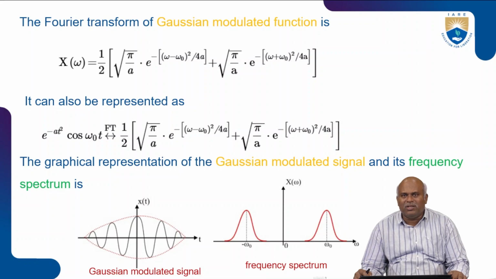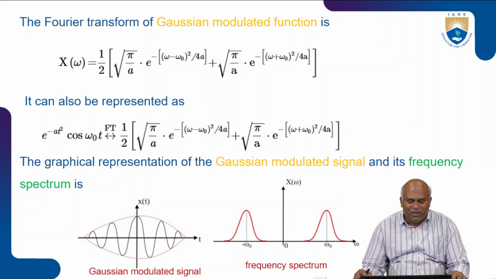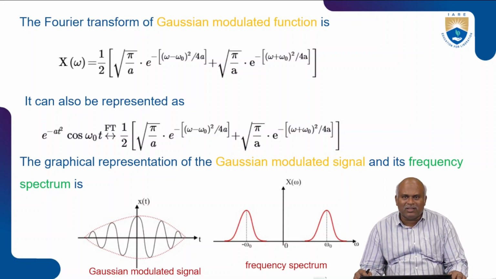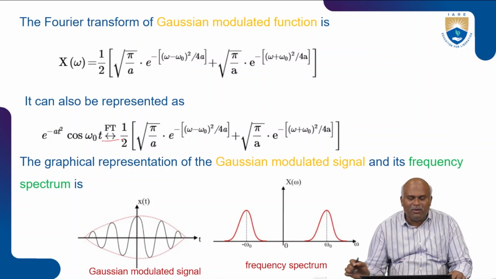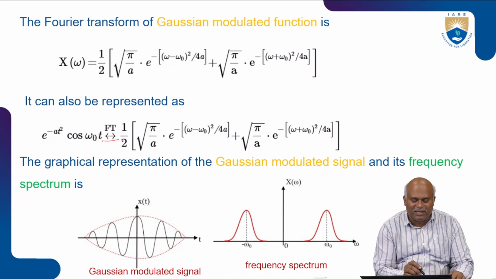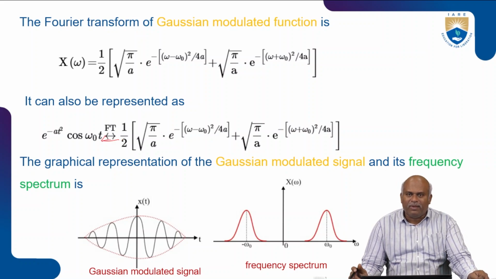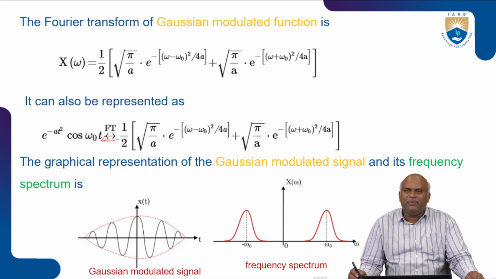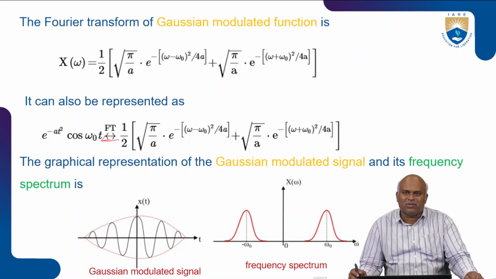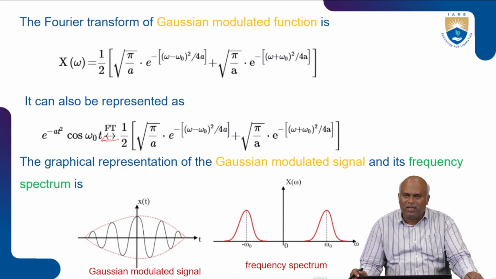It is also represented as the Fourier transform of e power minus a t square cos omega 0 t, with the forward transform on one side and the inverse Fourier transform on the reverse side. That is equal to 1 by 2 of root of pi by a into e power minus omega minus omega 0 whole square divided by 4a, plus root of pi by a into e power minus omega plus omega 0 whole square by 4a.